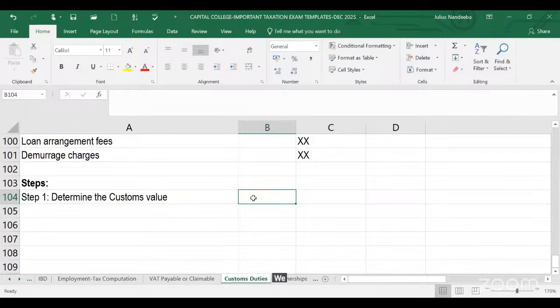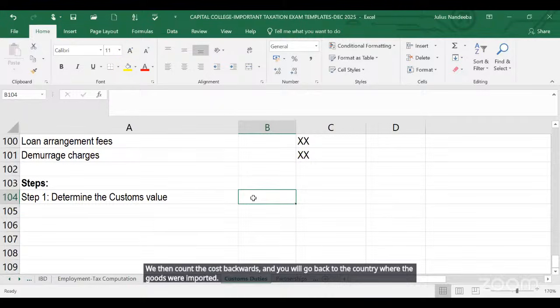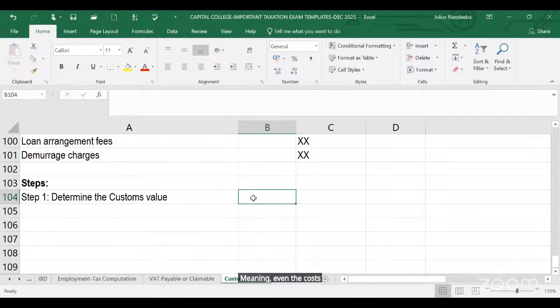We then count the cost backwards until we go back to the country where the goods were imported. Meaning even the costs that are incurred at the port of Mombasa or Dar es Salaam are not part of the customs value. That is principle number one. So any costs that you incur at Mombasa or Dar es Salaam and coming to Kampala or coming to Uganda are not part of customs value and never include anything in the customs value.